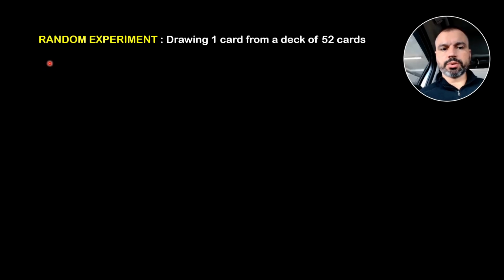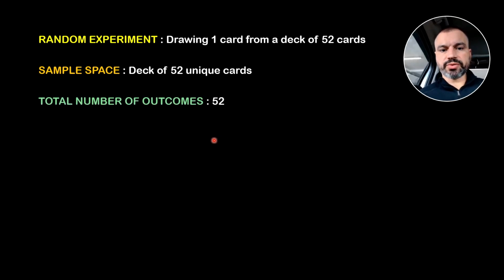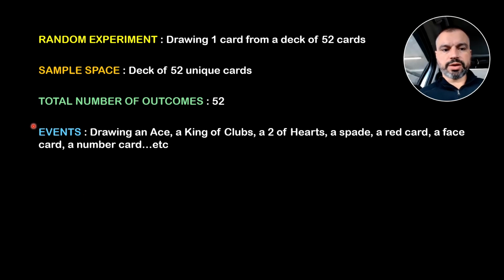In our example, the random experiment consists of drawing one card from a deck of 52 cards. The sample space is the deck of 52 unique cards. Therefore, the total number of outcomes is also 52. But we have an even greater number of events because each and every outcome taken individually is an event.